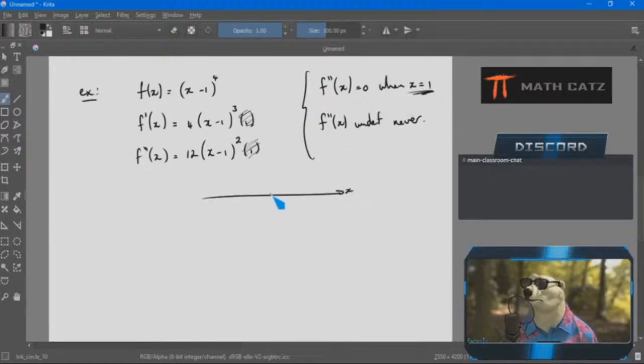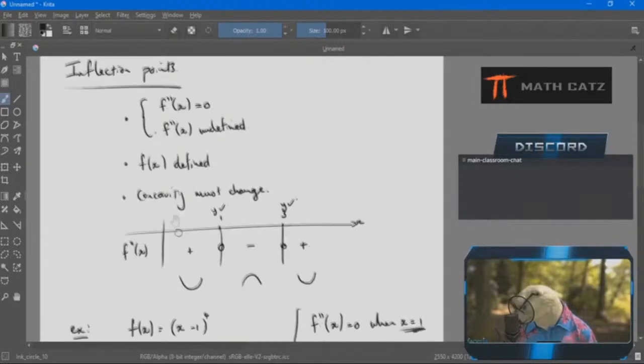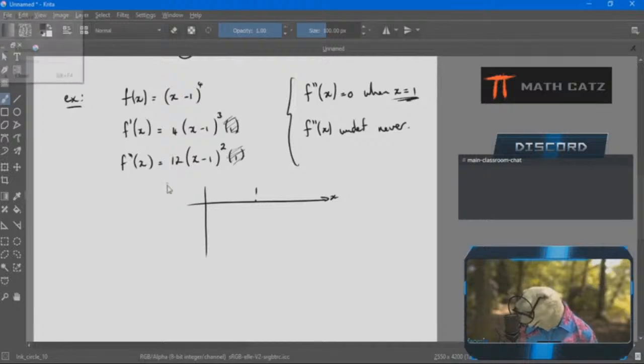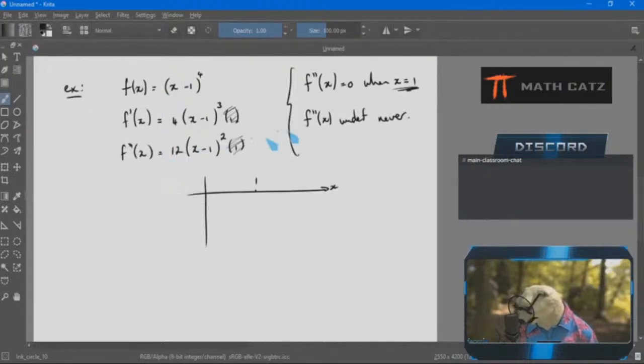So I get my potential inflection points, and there's one of them. I don't know if it's an inflection point yet, right? Because I've only checked the first part. But it's definitely a potential inflection point. I list everything, maybe a 12, maybe an x minus 1, and there's another one.